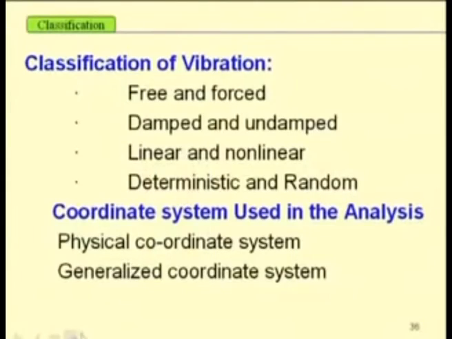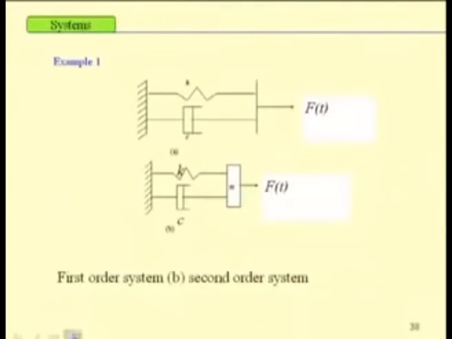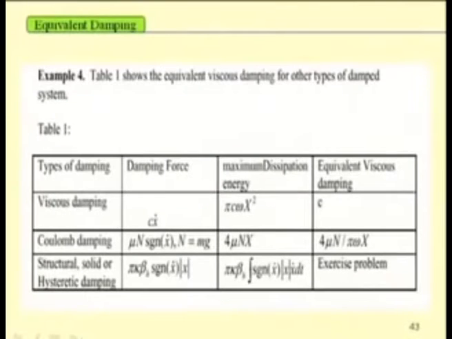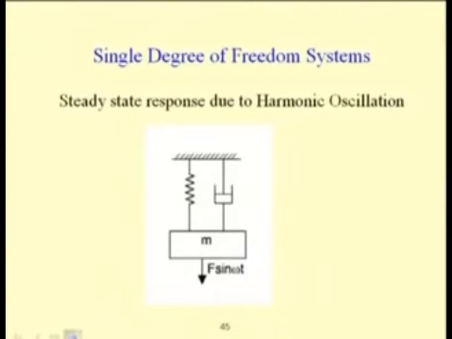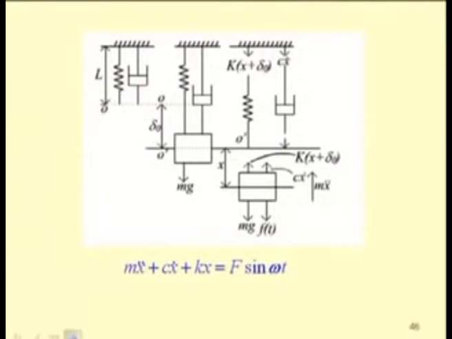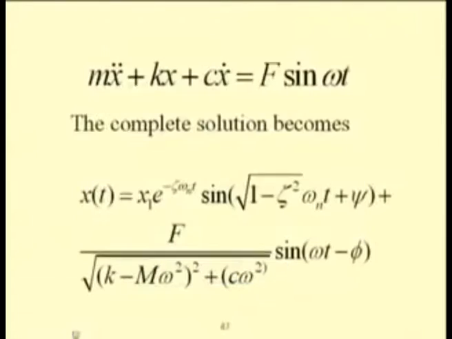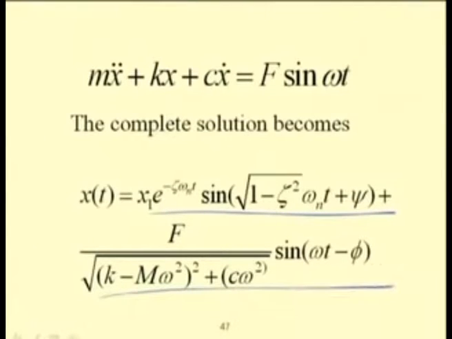For example, for this spring mass damper system, the equation of motion already we know. That is mx double dot plus kx plus Cx dot equal to f sin omega t, and the complete solution becomes this: this is the transient part and this is the steady state response.